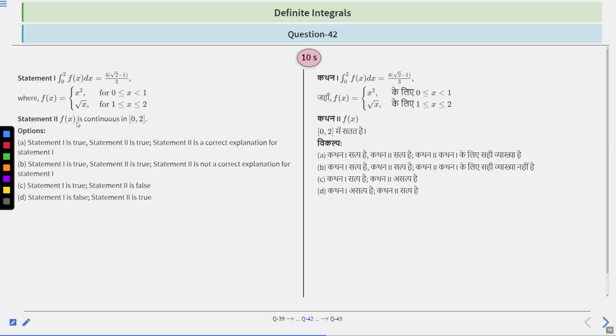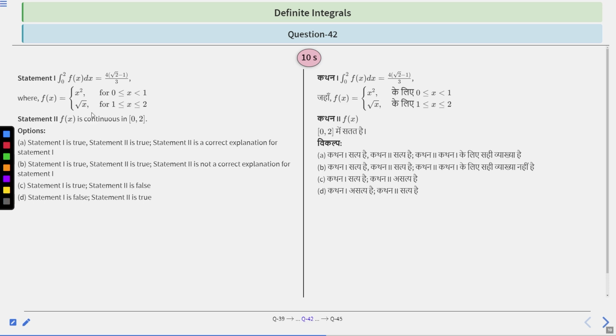So see, the hint of this question is we are given f(x) as a piecewise function, right? In different intervals. That is, when x is between 0 to 1, f(x) is x square, and when x is between 1 to 2, then f(x) is root x. And we have to find the integration of f(x) from 0 to 2. So what we will do?